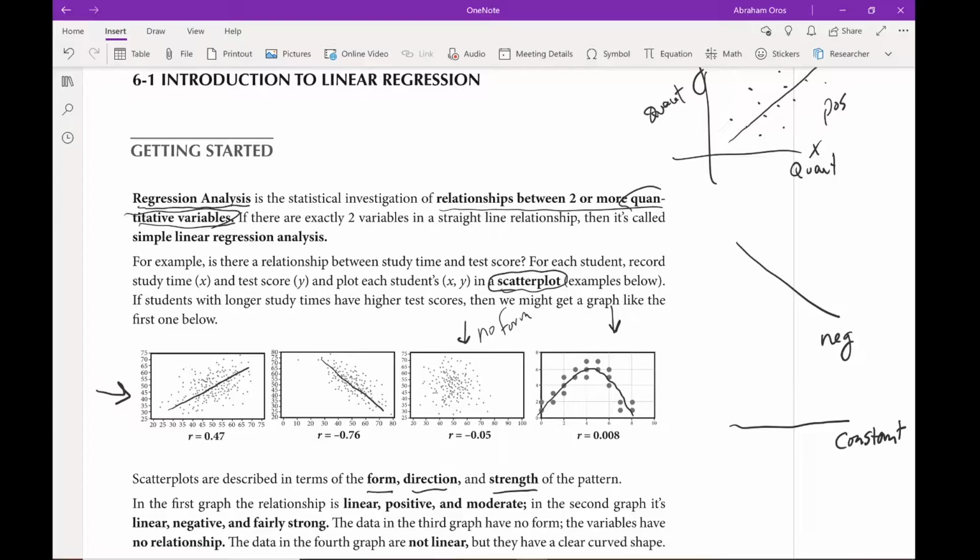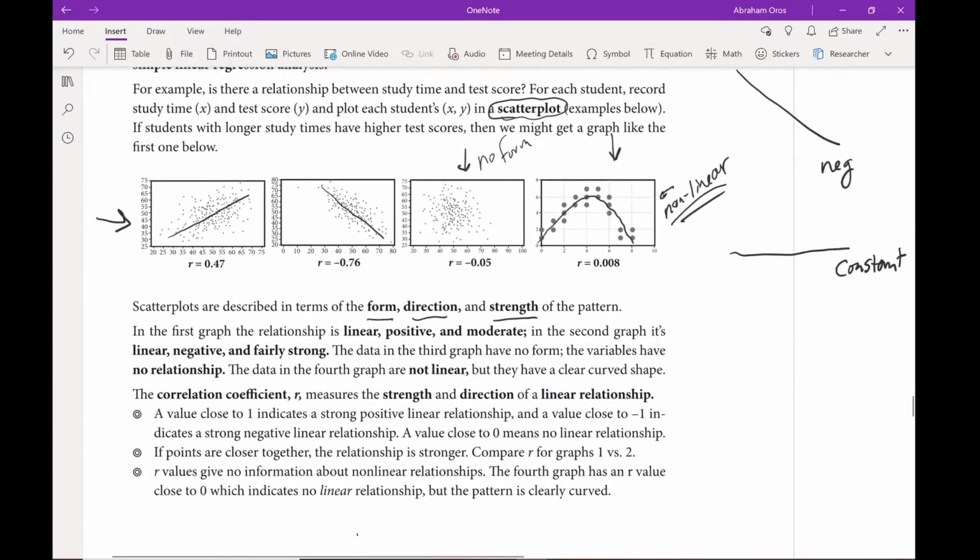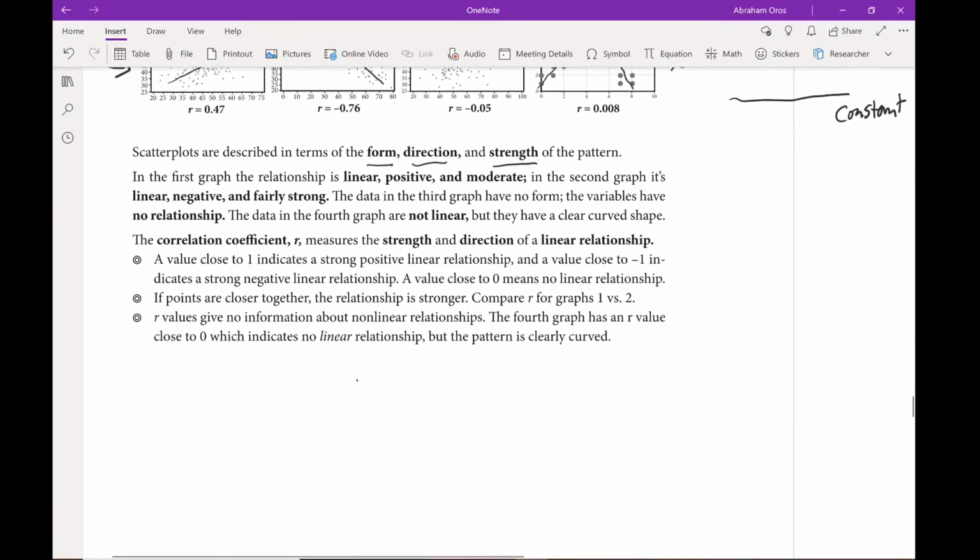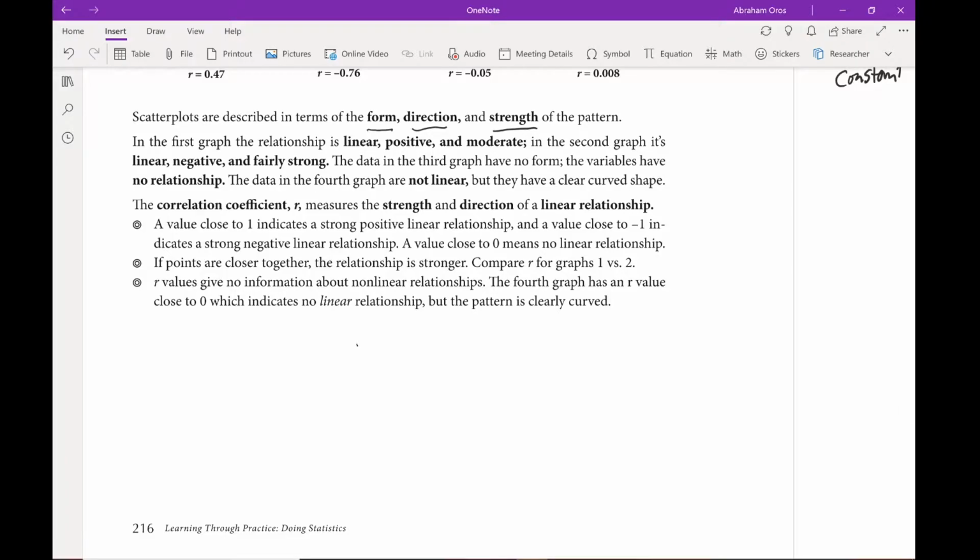We're really going to have two types of forms to talk about in this section: linear and non-linear. We won't actually do any kind of regression with the non-linear ones. There are things you could do in future courses, but they're not in this course.